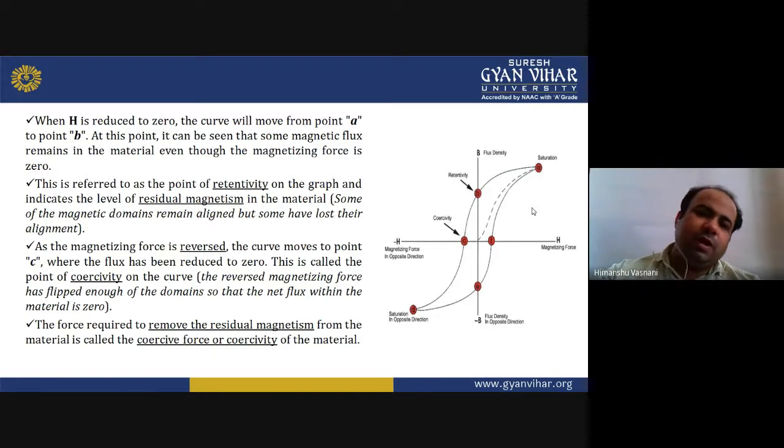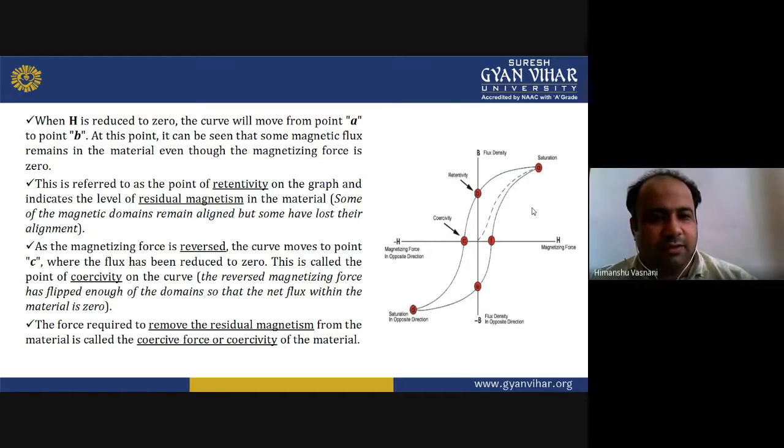So it is the property of ferromagnetic materials that they have a level of residual magnetism. Small b is referred to as the point of retentivity on the graph, and it indicates the level of residual magnetism.